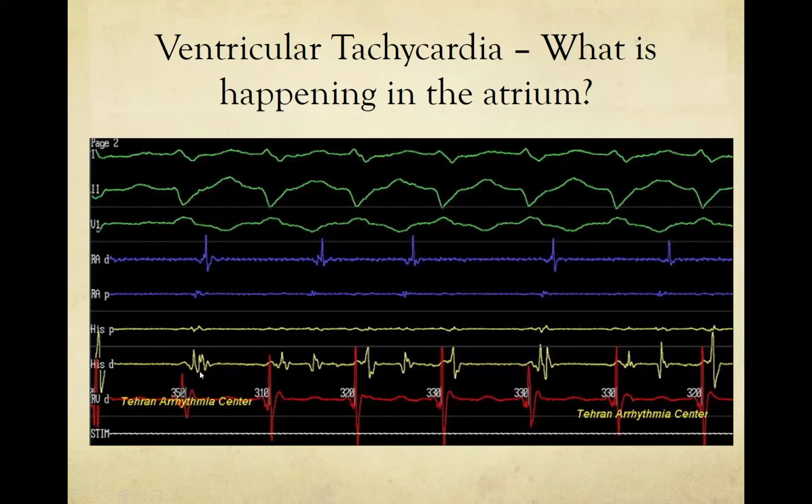This is one of the aspects of mapping when we're doing ablations that takes time to learn. But if you look at these signals separated, you could imagine that the ventricular electrogram ends somewhere in here at the bottom, and the atrial electrogram here, because this part of the signal looks an awful lot like this.